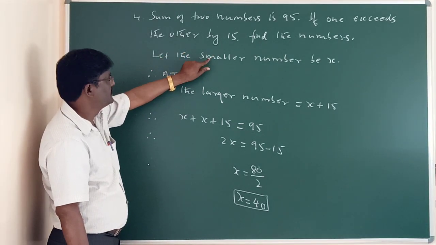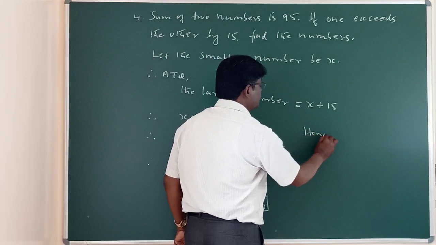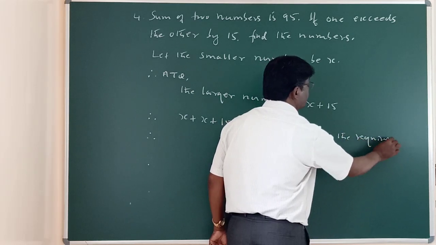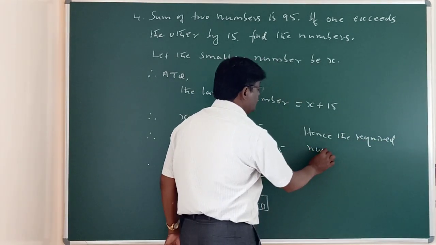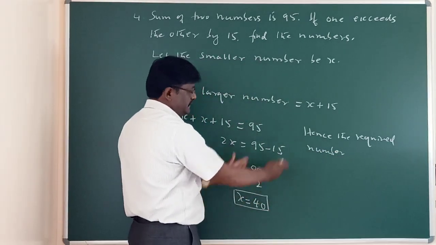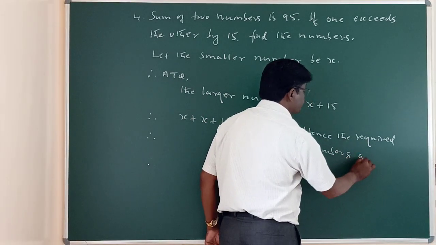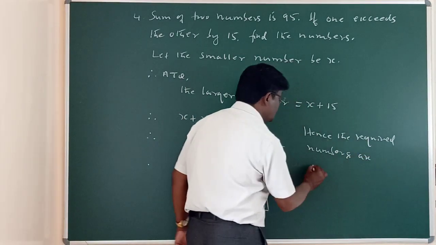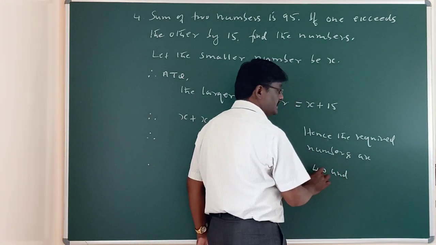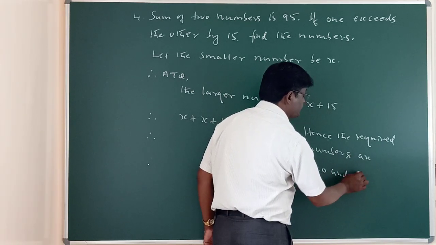What do you assume? Smaller number. Hence, below this, just continue. If no space, come over there. Hence, the required numbers are 40, and the other number exceeds the smaller by 15, so 40 plus 15 is 55.